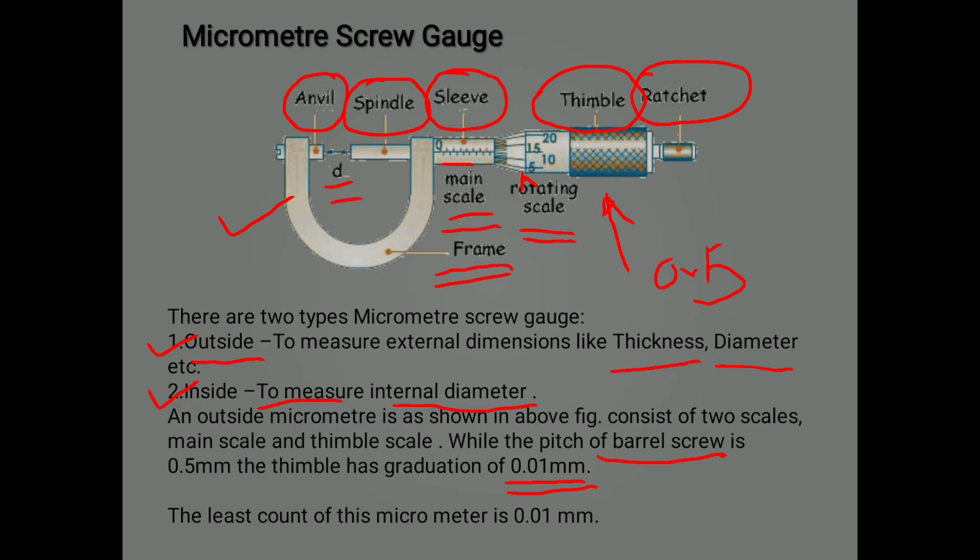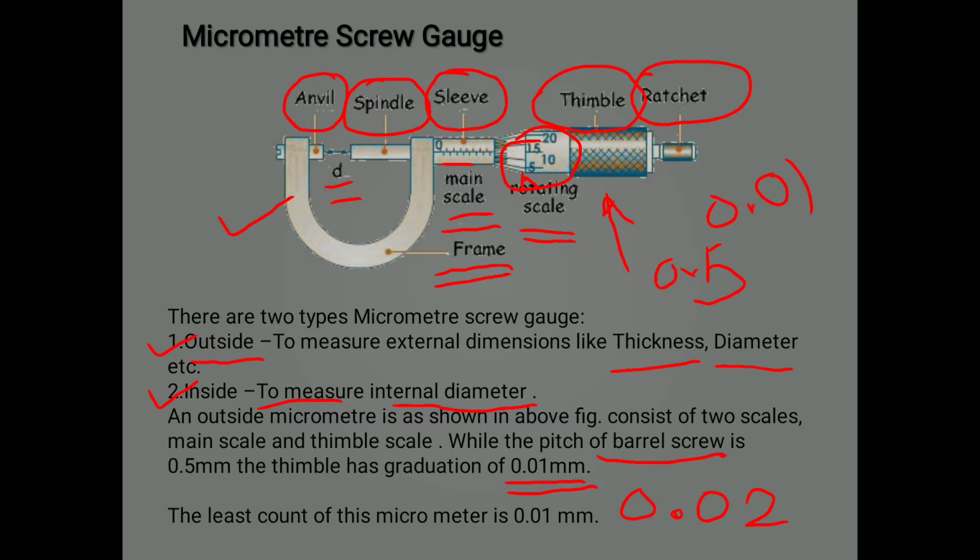Here you can see the thimble, and on this thimble the graduations are 0.01 mm. So the least count of a micrometer screw gauge is 0.01 mm. Earlier we discussed the least count of a vernier caliper, which was 0.02 mm.